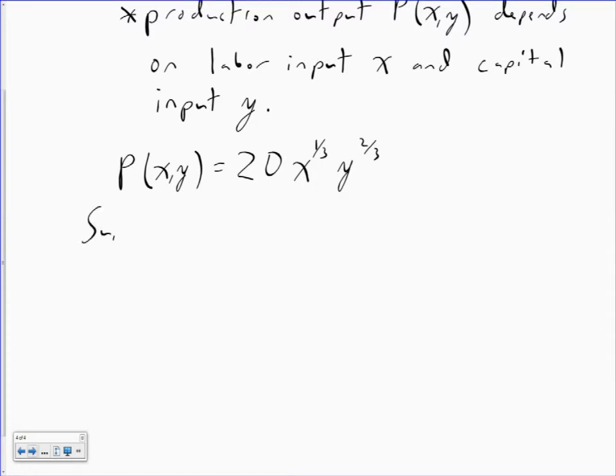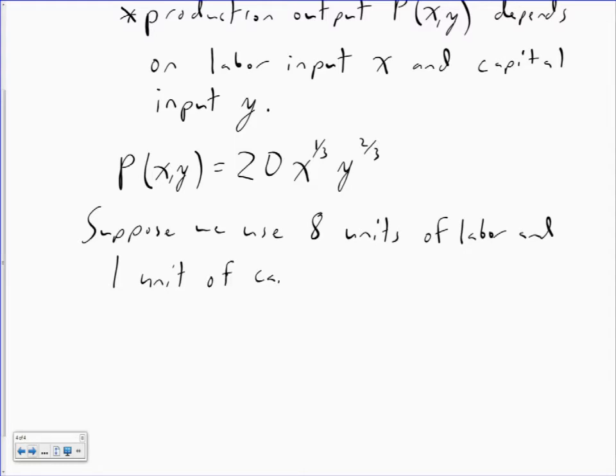All right, so this is the example we're looking at. Suppose we have 8 units of labor and 1 unit of capital. Let's figure out how much we produce in our factory.